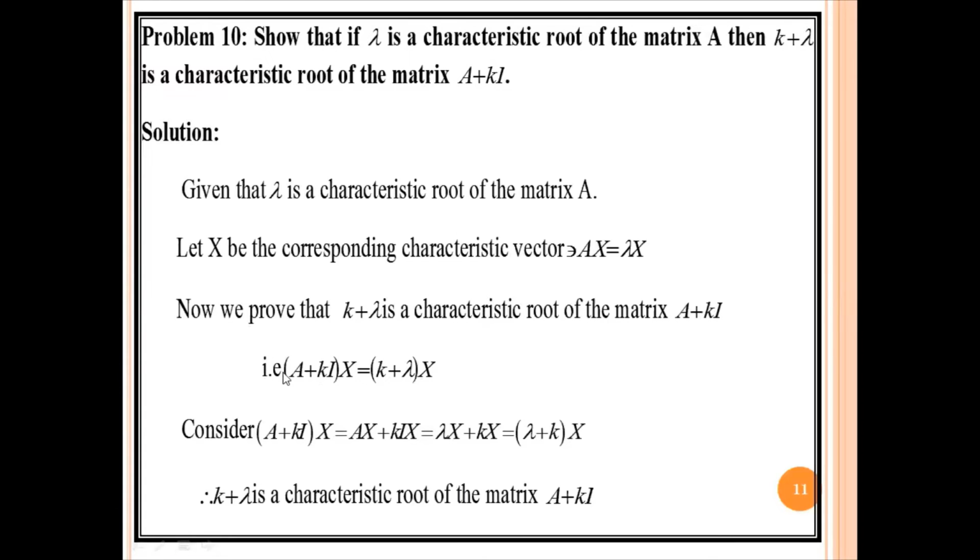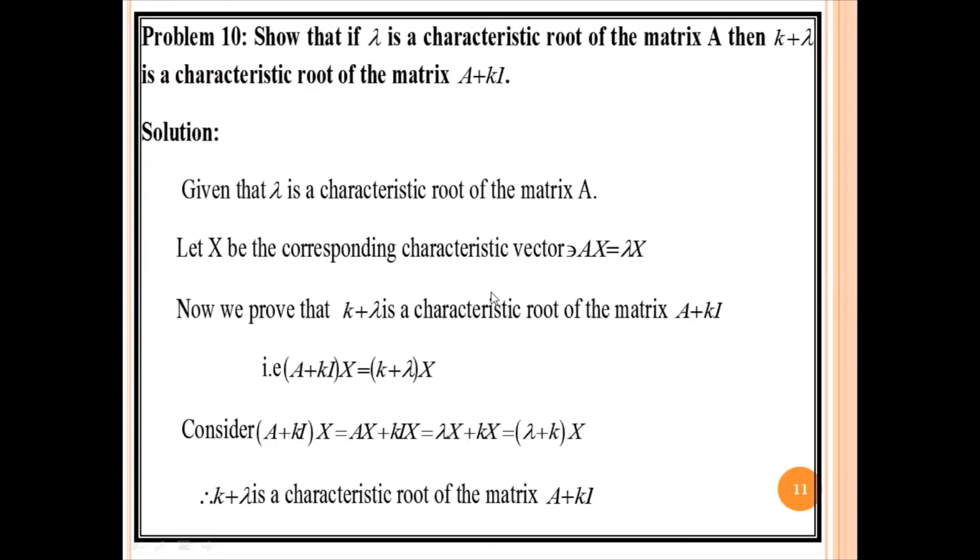So consider the LHS, A plus kI into x. We want to prove that this is equal to k plus lambda into x. A plus kI into x means Ax plus kI into x. kI into x can be written simply as kx.